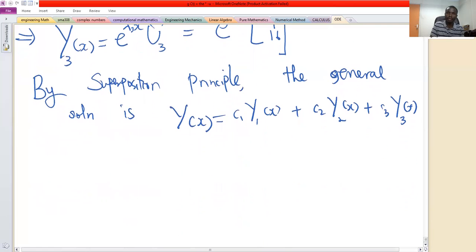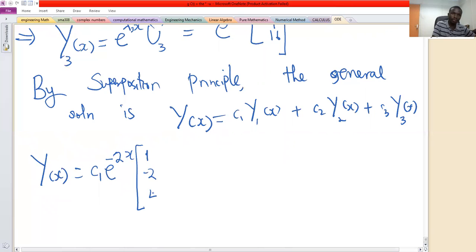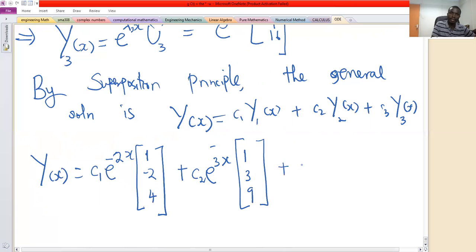which would be y of x equals c1 y1. Our solution was e raised power minus 2x into 1, minus 2, 4, plus c2 e raised power 3x, and then that vector was 1, 3, 9, plus c3 e raised power 4x.